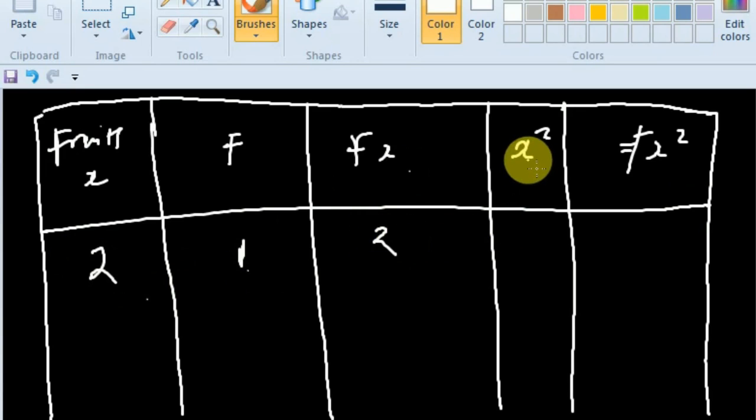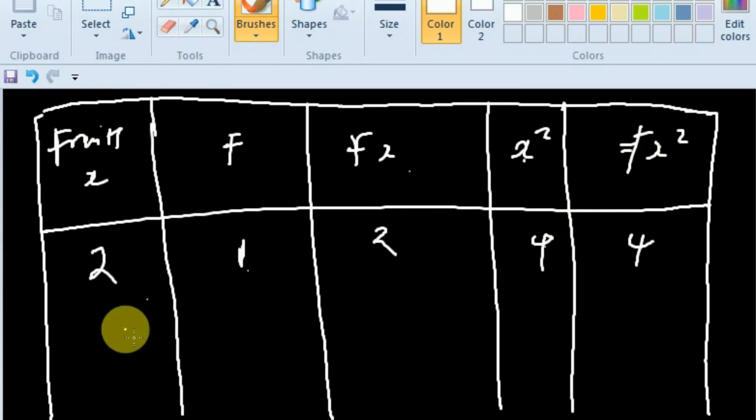Then to find x squared, I'm going to say 2 multiplied by 2, and the answer there is 4. Then I find my x squared multiplied by frequency. I multiply 4 by 1, and the answer is 4.